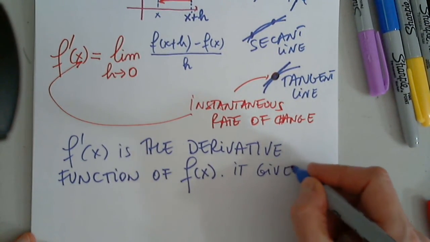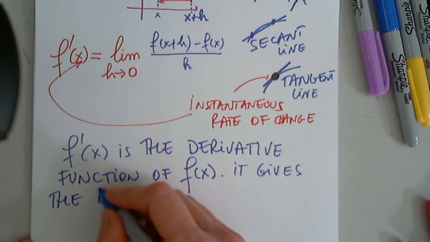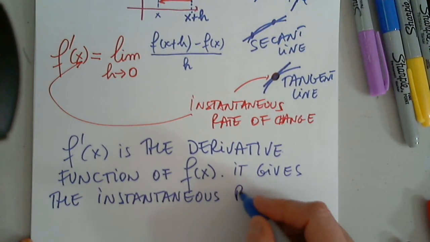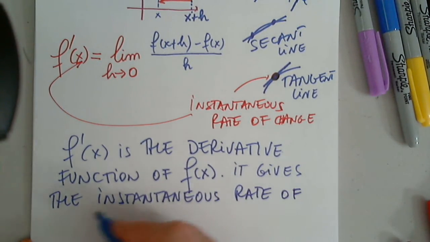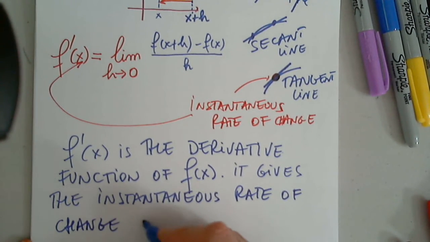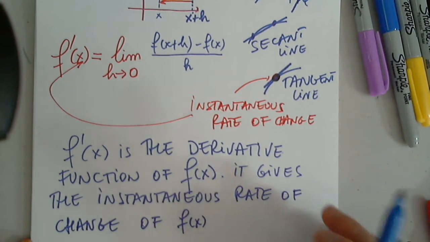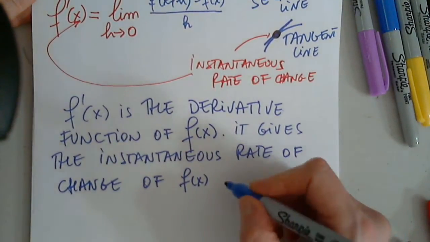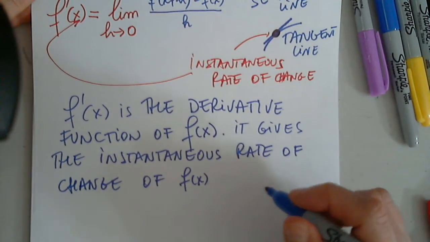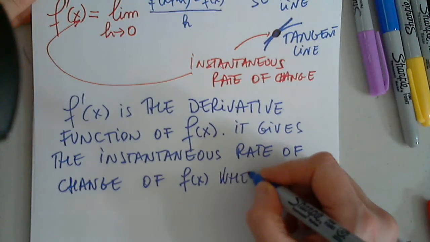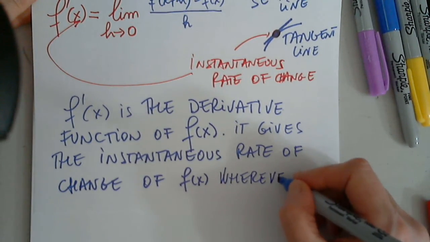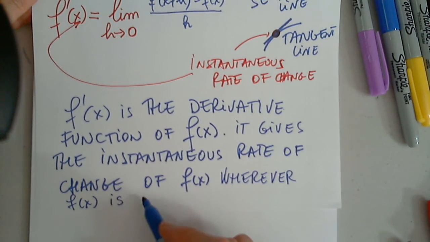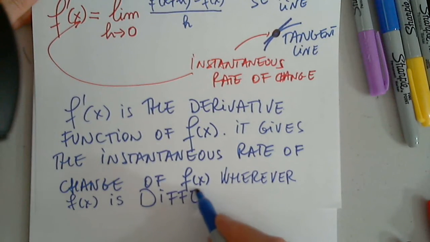It gives the instantaneous rate of change of f of x, and this is very important, it gives the instantaneous rate of change of f of x wherever f of x is differentiable.